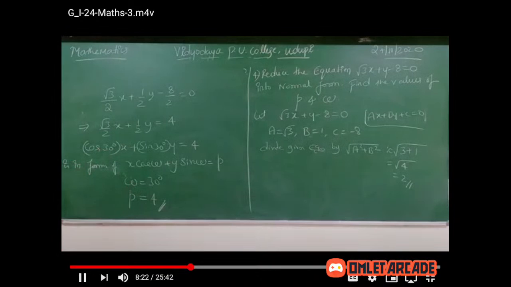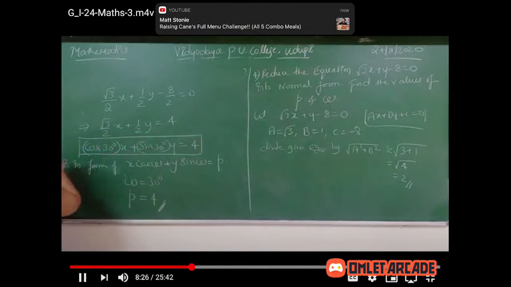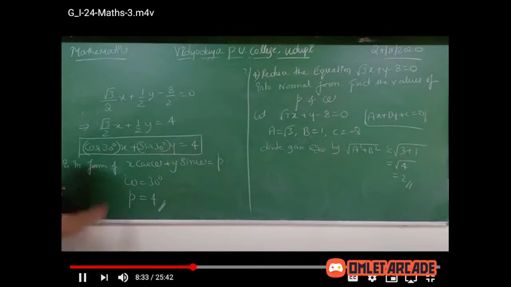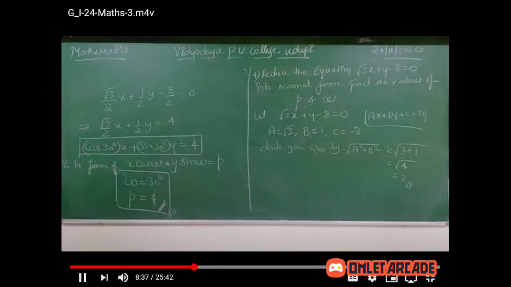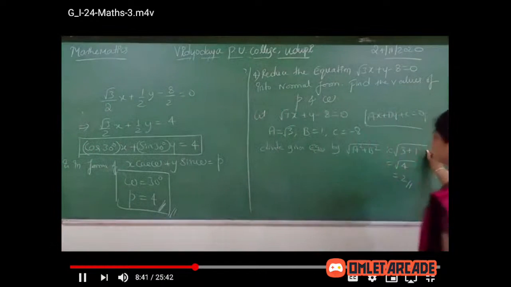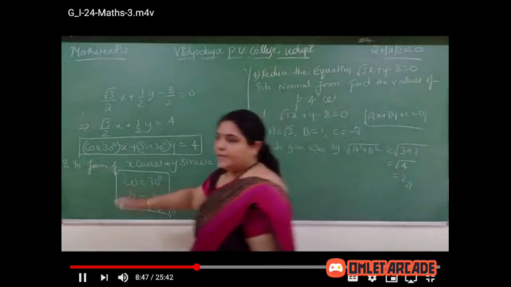In this way we reduce the general equation to normal form, and this is the value of omega and p. It's very simple. Just remember this step, friends. Divide the given equation by root of a squared plus b squared, then automatically you can convert everything.